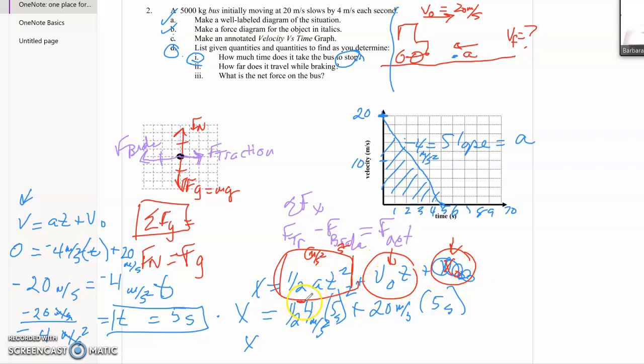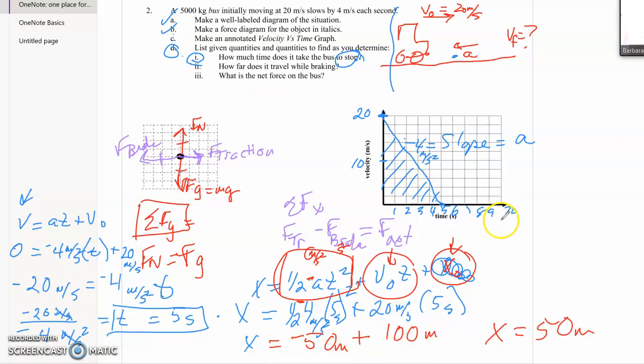But if that acceleration is negative, then I'm going to end up with -50 meters plus a positive 100 meters, and so the x is going to equal 50. If I hadn't caught that negative right there, then I would have ended up with 150 for my answer, which definitely would have been wrong.